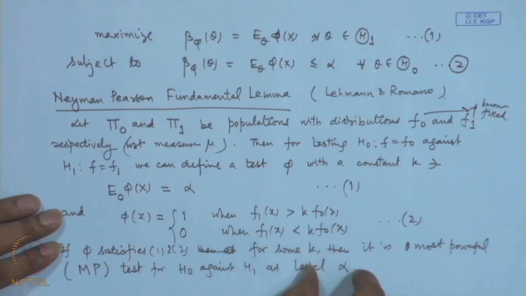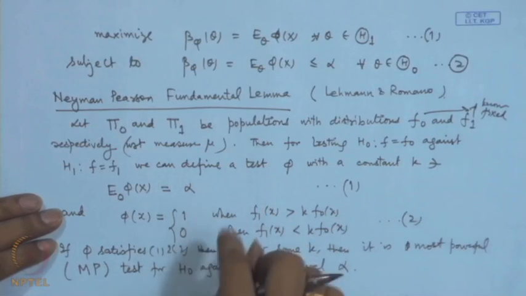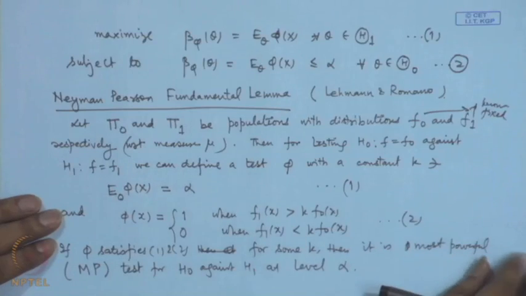That means, for the given level, this is the most powerful test. That means, the most powerful test must satisfy, conversely.